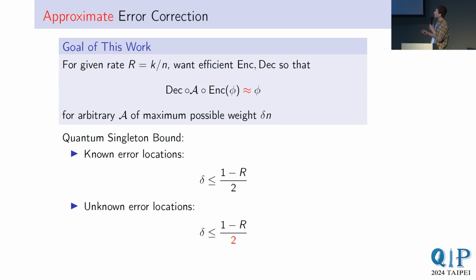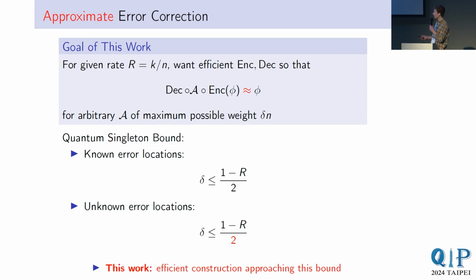Once we introduce this small amount of decoding loss, all of a sudden the fundamental upper bound goes back up to (1 minus r) over 2 for the unknown error location setting. So now, at least in theory, for these upper bounds, there's no separation between known error locations and unknown error locations for approximate error correction.